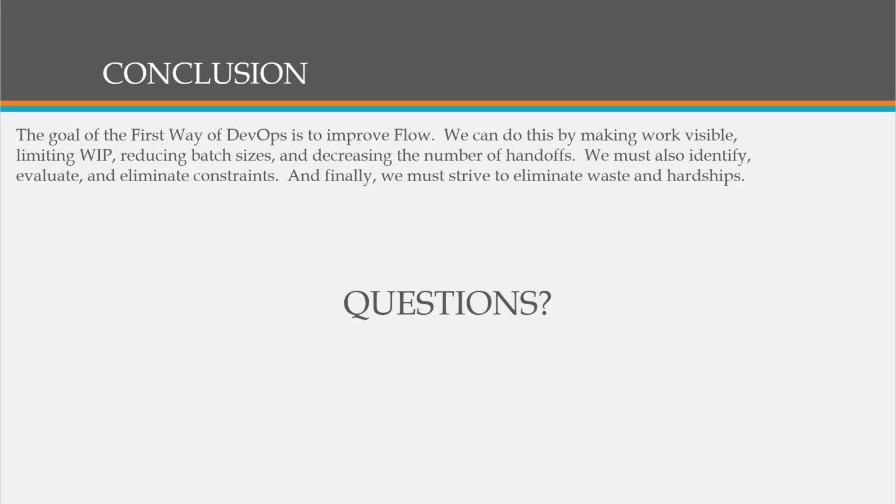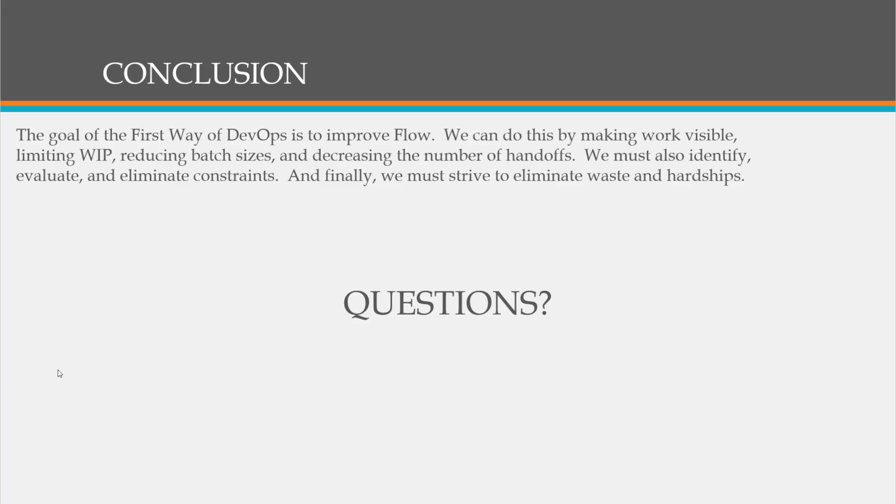In conclusion, the goal of the first way of DevOps is to improve and increase flow. And we can do this by making our work visible so that we can track it easier, limiting the work in process so that we're not trying to do too much at one time, and by focusing on those smaller pieces of work. This is reducing batch sizes, and then by decreasing the number of handoffs.